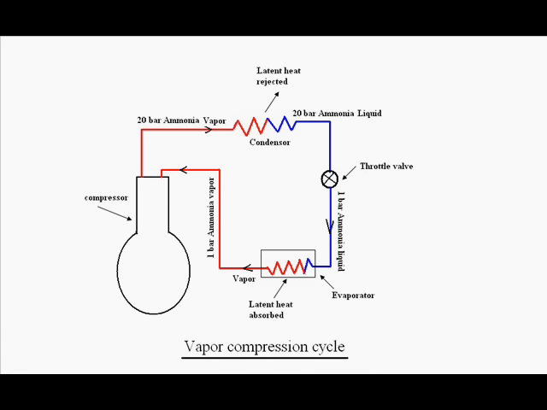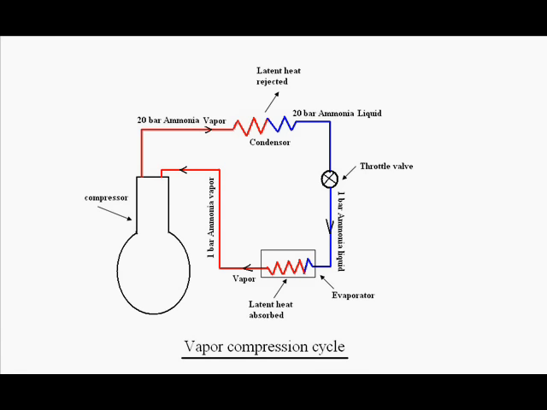This increased pressure refrigerant is sent to the condenser, where it loses latent heat and becomes high pressure liquid. After passing through the condenser, it is throttled to lower pressure and then passed through the evaporator. In the evaporator, it absorbs heat. The cooling load is subjected to the evaporator only. So in the evaporator, the cooling effect is achieved. Now this low pressure refrigerant is again fed to the compressor.